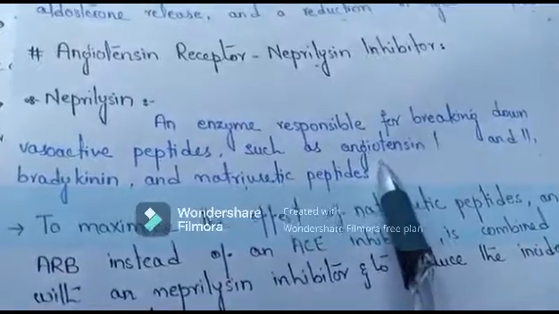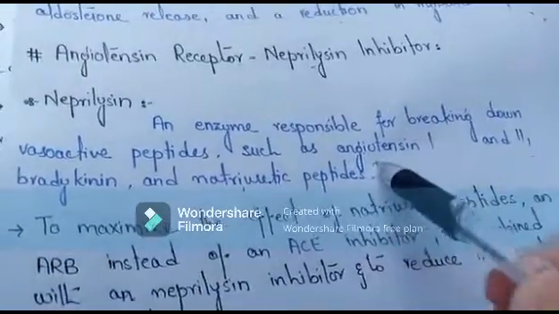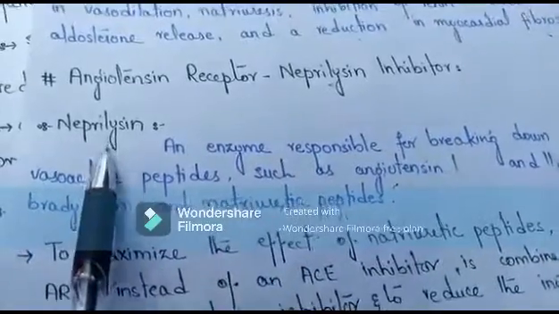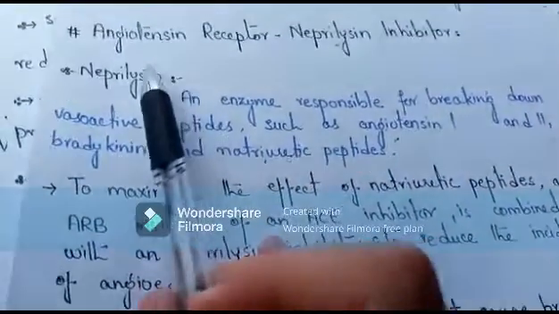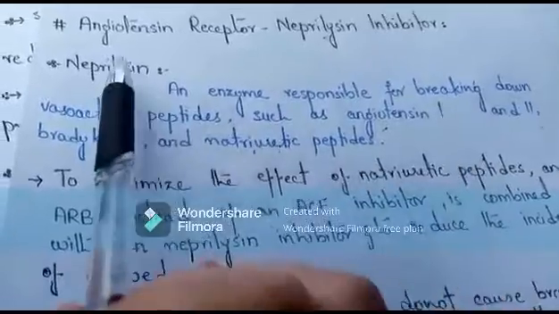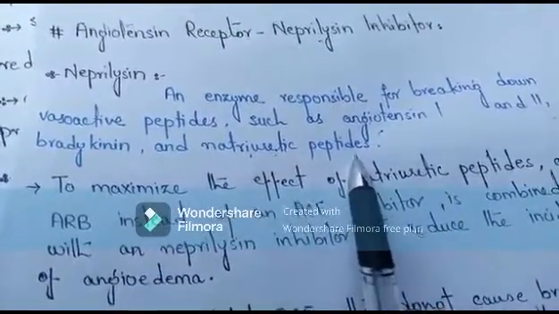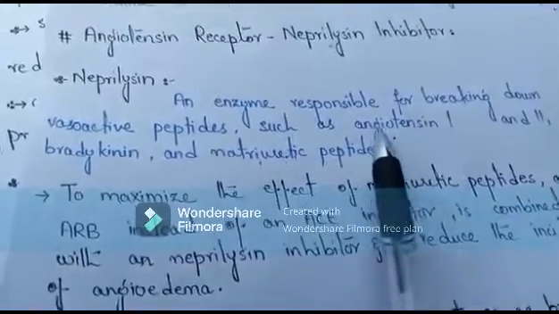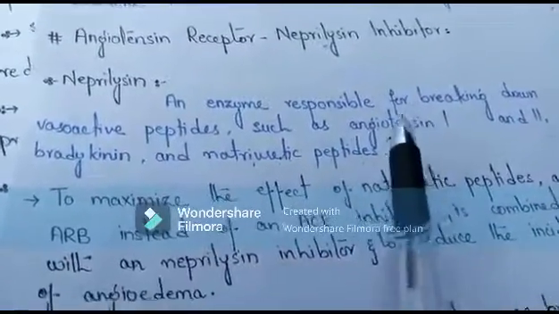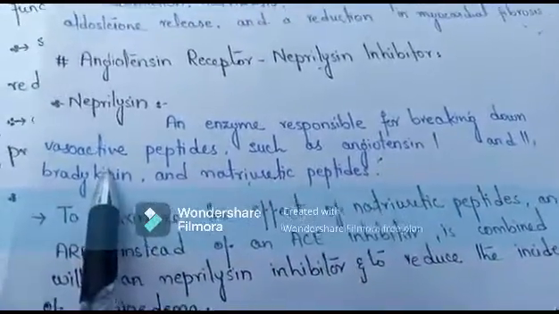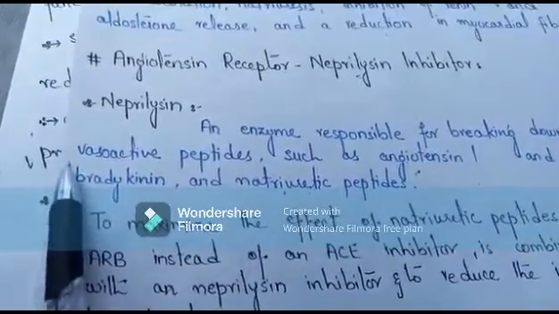So the neprilysin inhibitor along with ARBs will inhibit the neprilysin, so the natriuretic peptide will not be reduced, rather it will increase further. ARBs will inhibit the angiotensin 2, and moreover, the bradykinin.